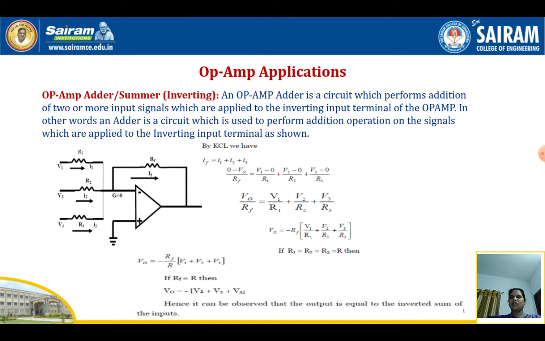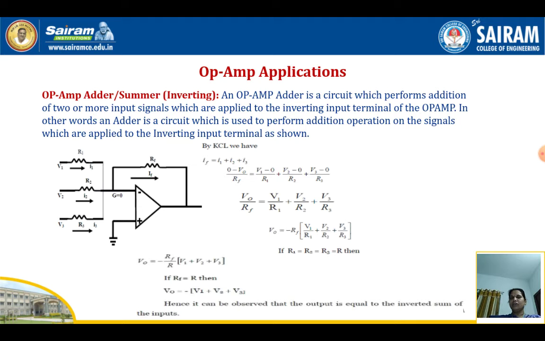So the circuit I have shown is an inverting adder circuit. Inverting in the sense that I have to give the input at the inverting input terminal, whereas the non-inverting input terminal will be grounded. Hence it is named the inverting op amp adder circuit or summer circuit. An op amp adder is a circuit which performs addition of two or more input signals which are applied at the inverting input of the op amp.